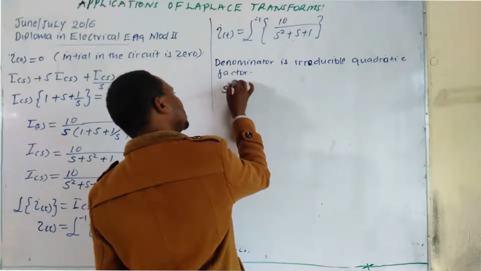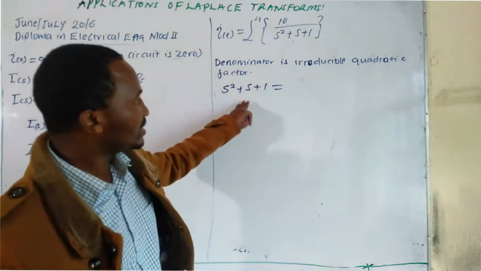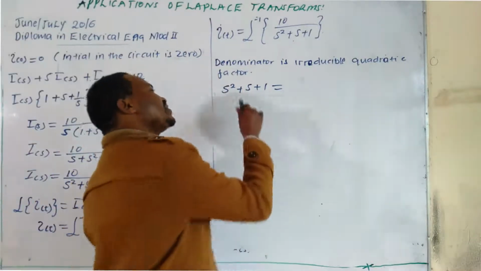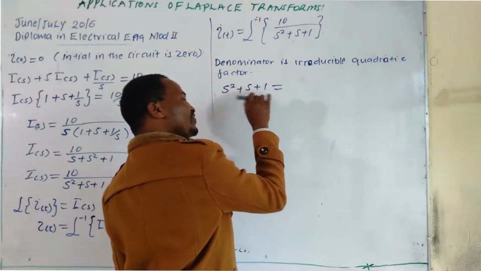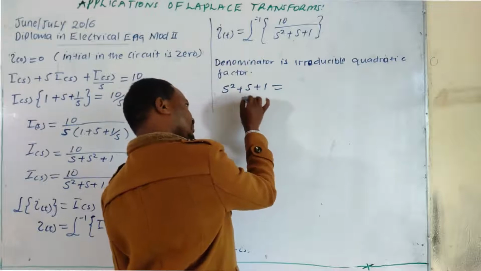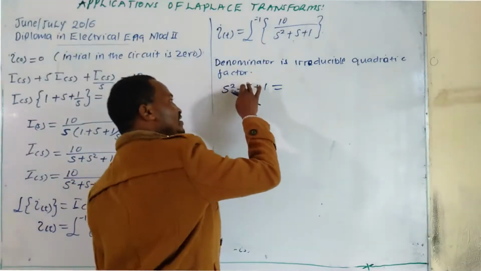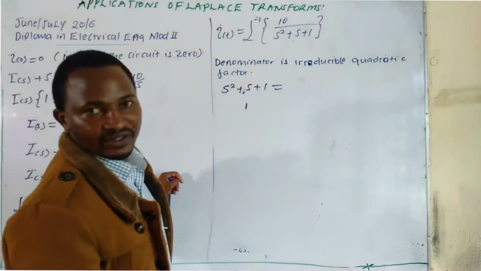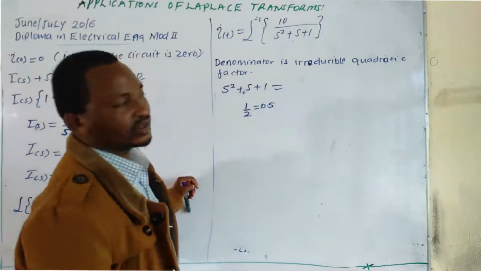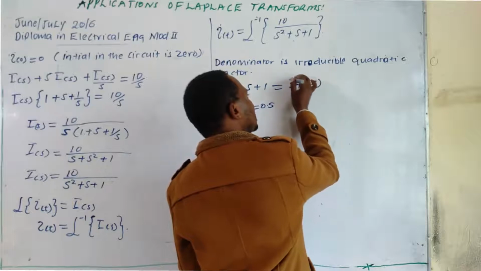You can say s squared plus s plus 1 is equal to, remember what we said earlier in my first example in the past papers, you take half the coefficient of s. The coefficient of s is 1. Take half of that, divided by 2, you get 0.5. So it will be s plus 0.5, squared.